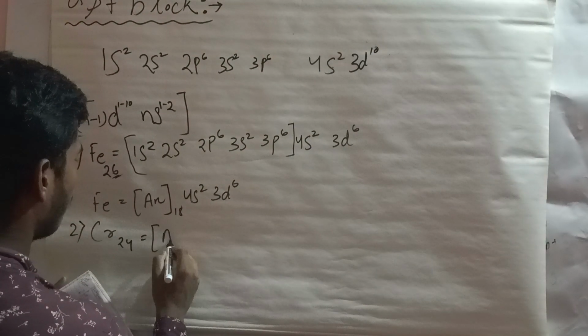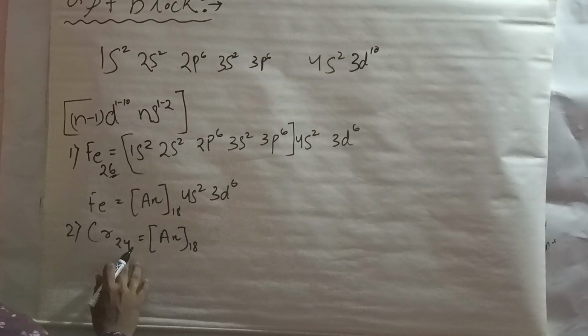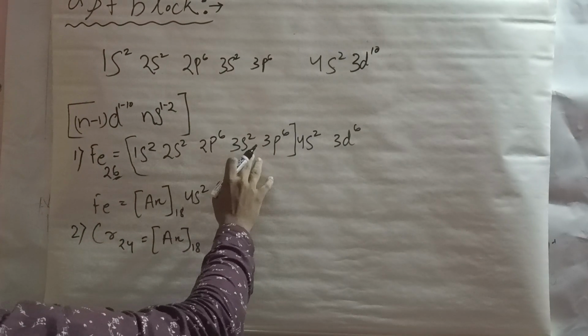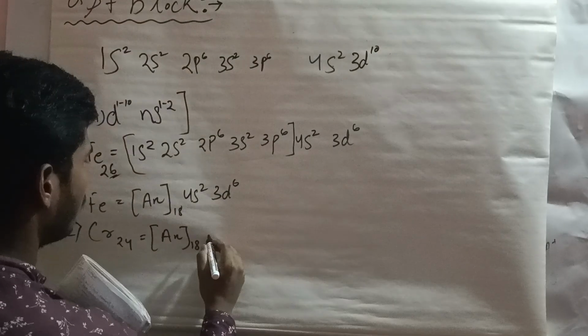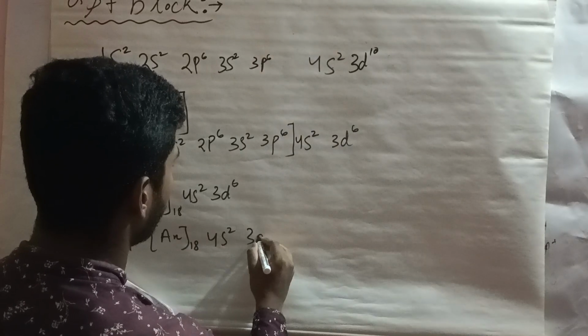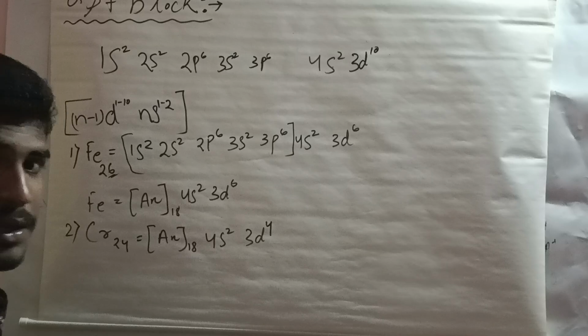Directly we can write argon 18. After that, only 6 more: 4s2, 3d4. Do you think this is correct?